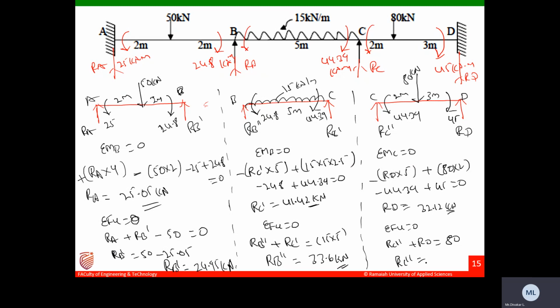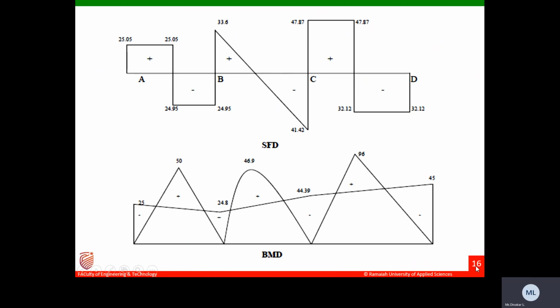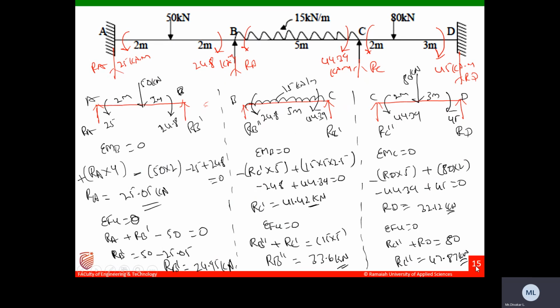Then RC double dash equals to 47.87 kilonewton you will get. Okay, so you will get this much, 47.87 kilonewton. Now we got this.